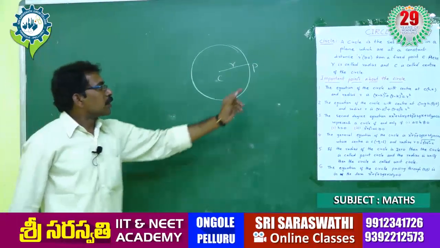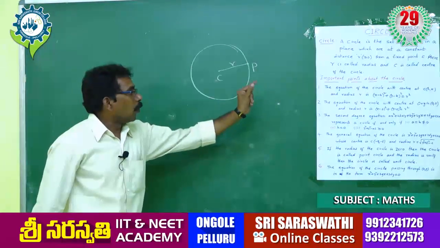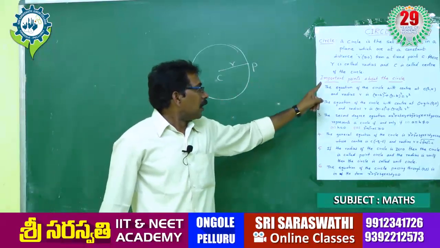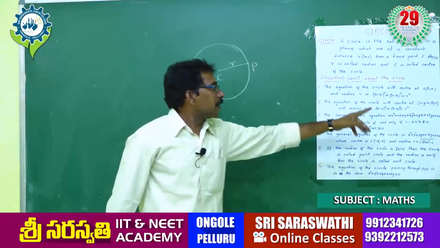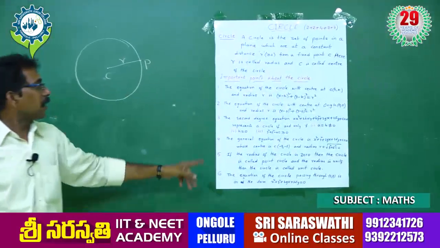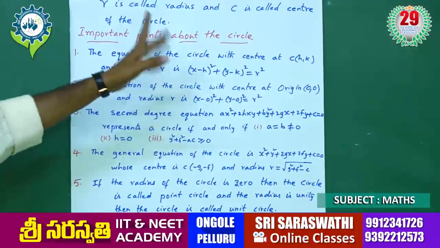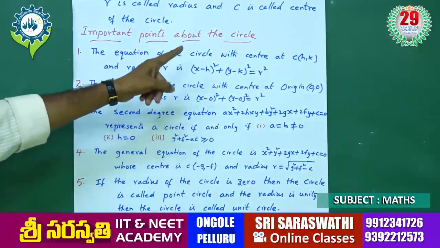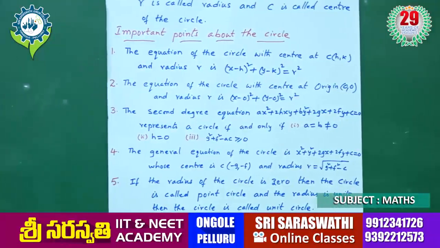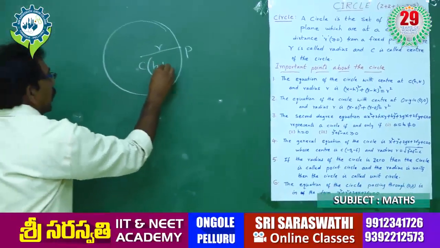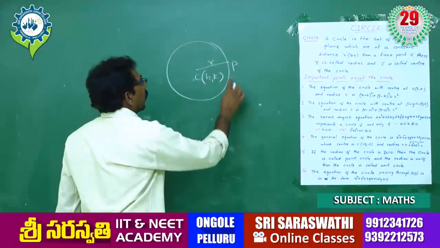Next, some important points about the circle. Point number 1. The equation of the circle with center at C(h, k) and radius r is (x minus h) whole square plus (y minus k) whole square is equal to r square. Means the center is C(h, k) and the radius is r.